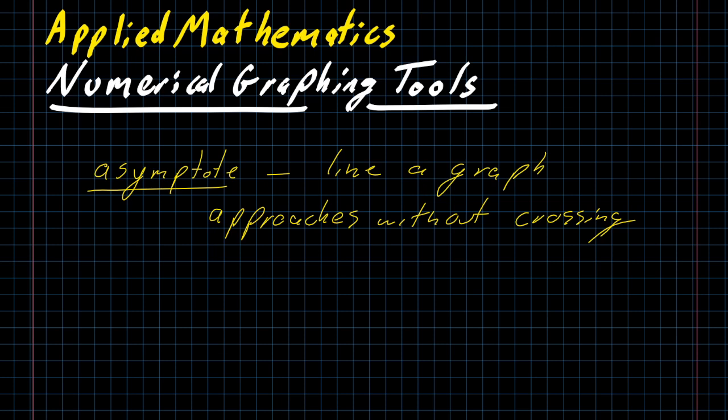An asymptote is a line a graph approaches without crossing. There can be horizontal asymptotes, there can be vertical asymptotes, there can be oblique asymptotes at other angles. But it's an interesting structure and one that I want you to be able to recognize graphically even if we don't do anything else with it in this course.